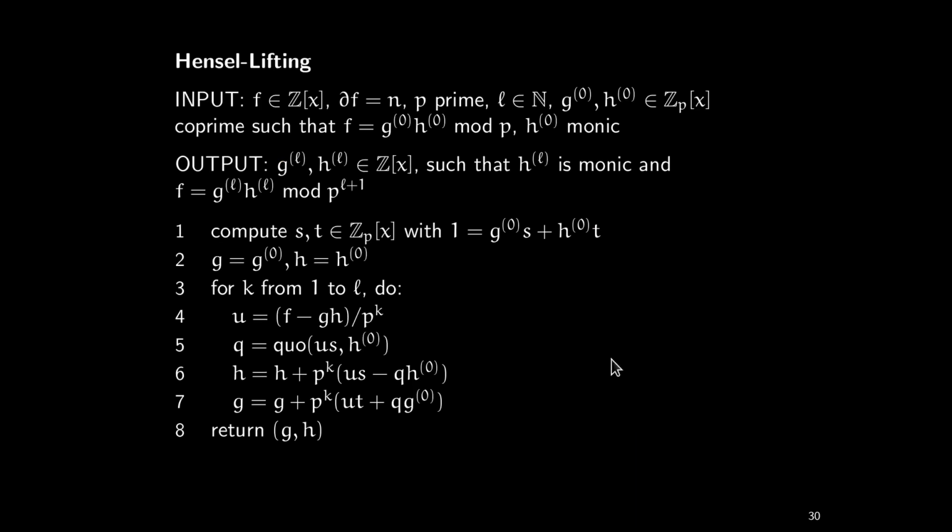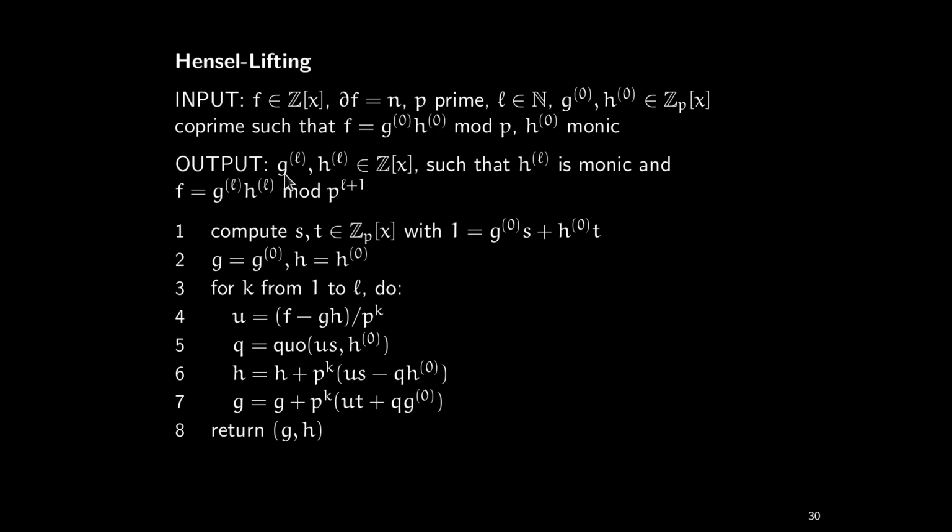And here's the summary of the algorithm. This is again just a summary with no additional information, just what we discussed. We have a polynomial over the integers of a certain degree n. We have a prime p, and we have an L, and we have an initial factorization. So we have two polynomials over a finite field that are coprime and such that their product is equal to f mod p, and where one of them is monic.